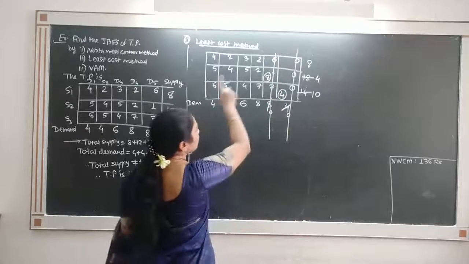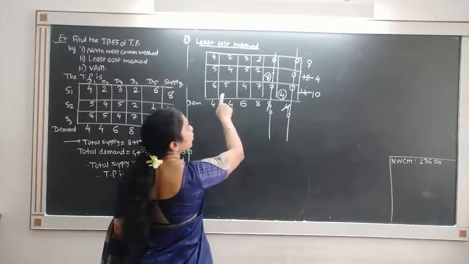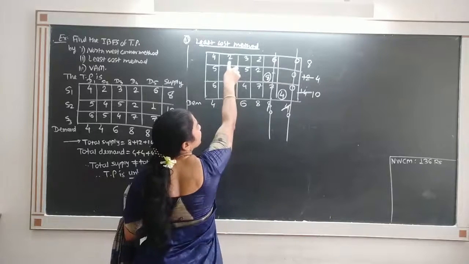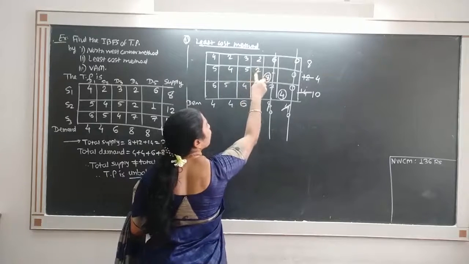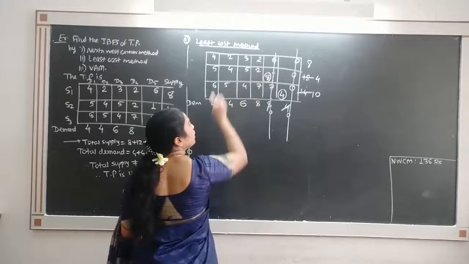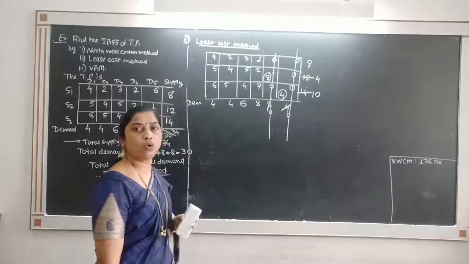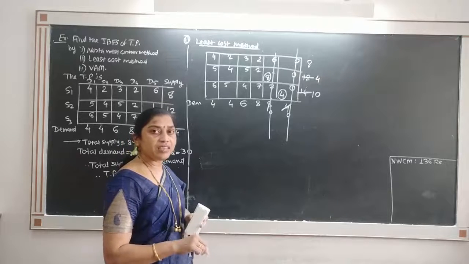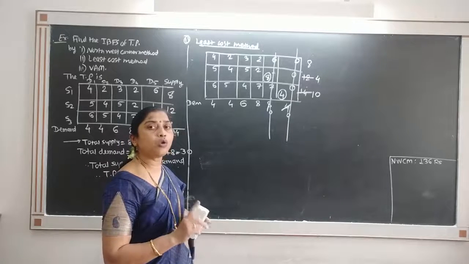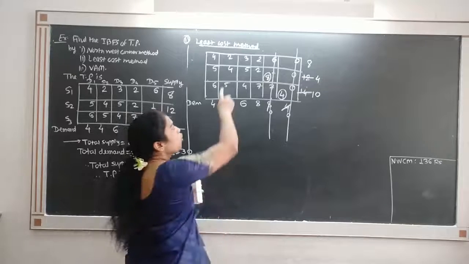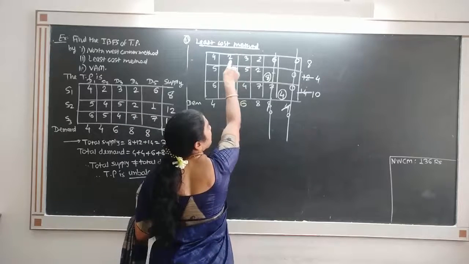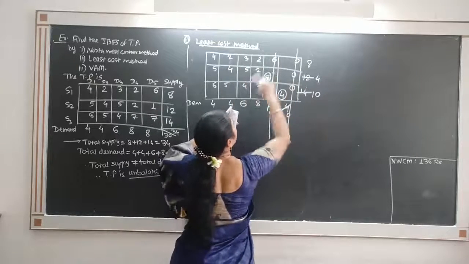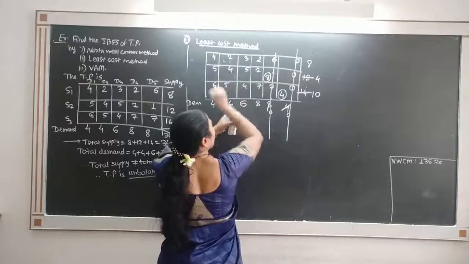Now in the remaining table, observe that the lowest cost is 2. So there are 3 cells having lowest cost, that is 2. Select that cell where maximum allocation can be done. If you observe this cell, the maximum allocation, between 4 and 8, that is 4, can be done.